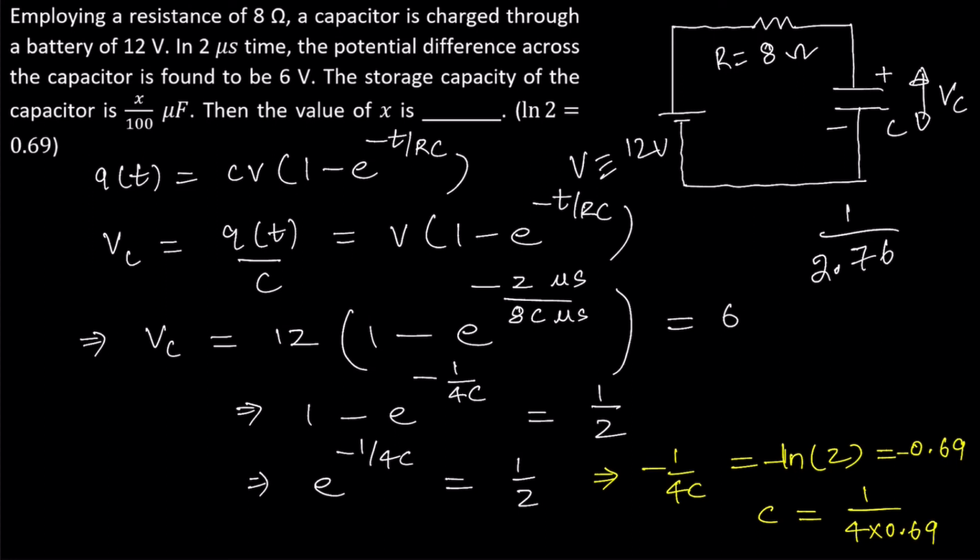If I divide and multiply by 100, x will be 100 by 2.76. So how much should that come out to be?